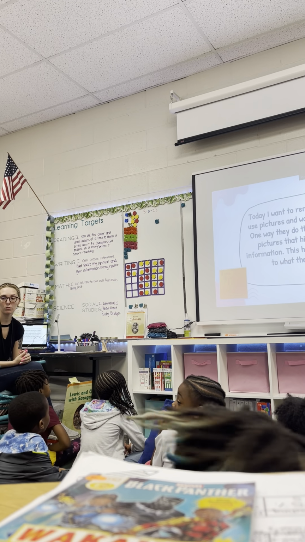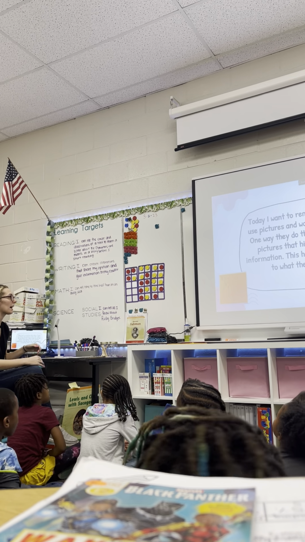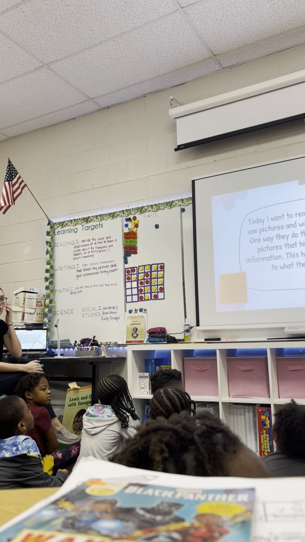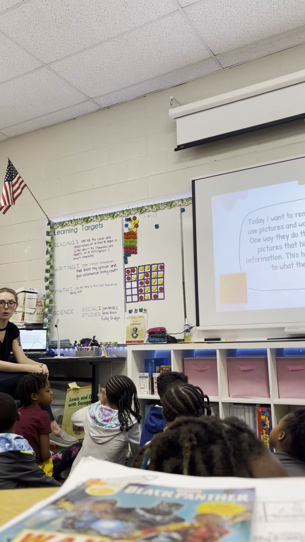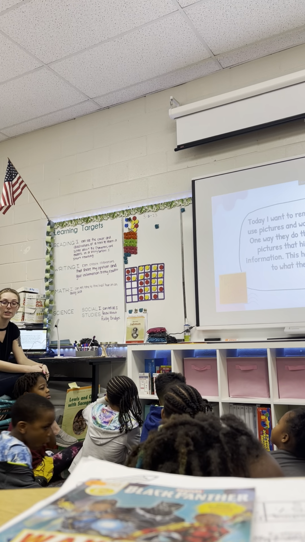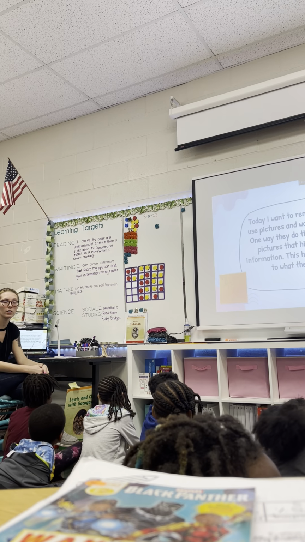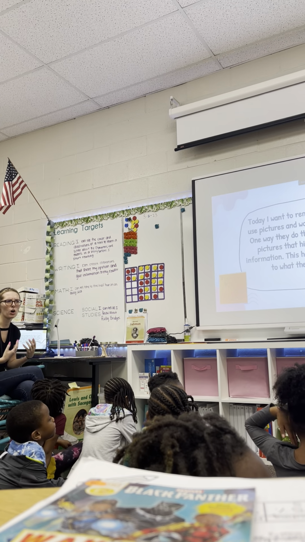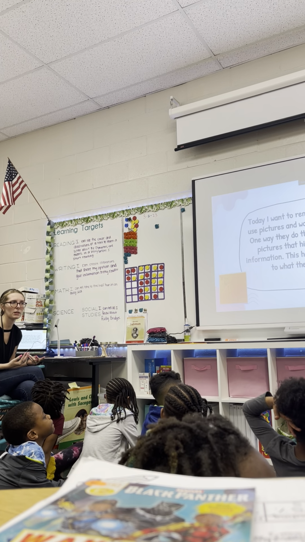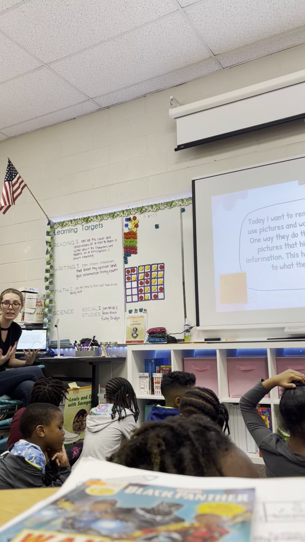One way that writers do this is by including big and bold pictures that highlight the most important information in their story. Yesterday, when we were reading our Ruby Bridges book, we talked about how there was a picture in the book that showed an empty classroom, that she was all alone. That was a huge part of that story, that she was all alone and no other students were there because the parents withdrew the students and they didn't want their kids in there.